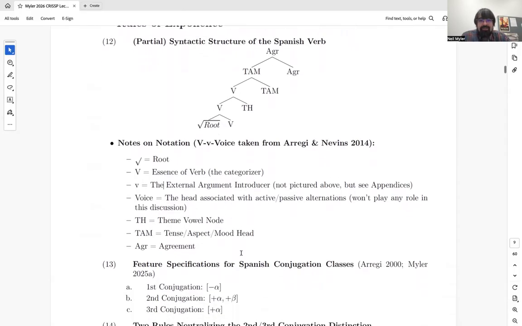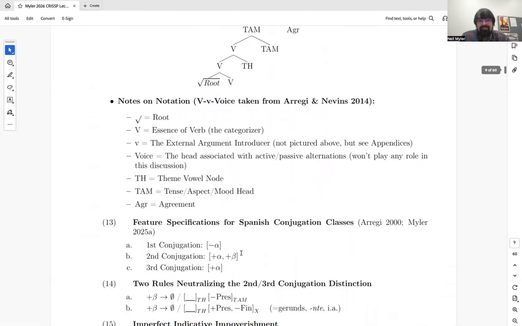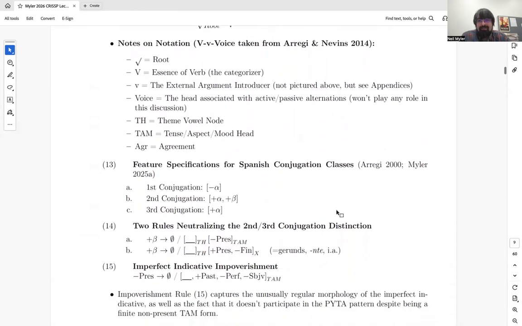In 13, I've got feature specifications for Spanish conjugation classes, which are just slightly adapted from Oreggi 2000. So rather than having the third conjugation be minus beta, it's just plus alpha and nothing else. The second conjugation is plus alpha plus beta, and the first conjugation is minus alpha. These are, I take it, syntactic features that happen to have no rules of semantic interpretation that are sensitive to them. So they have no impact on the semantics at all.